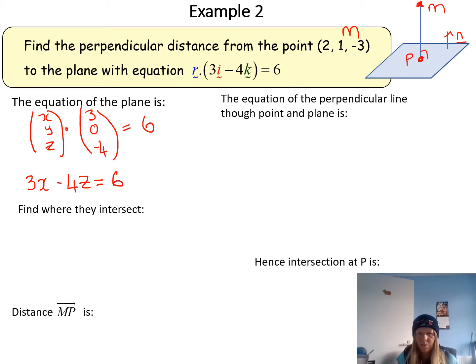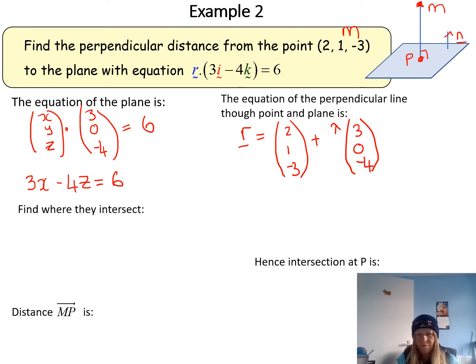So the equation of our line will be, in vector form, R equals point on the line, 2, 1, minus 3, plus lambda times the direction of the line, which is the same as n. So this is our n, remember, R dot n equals 6. So that's 3, 0, minus 4.